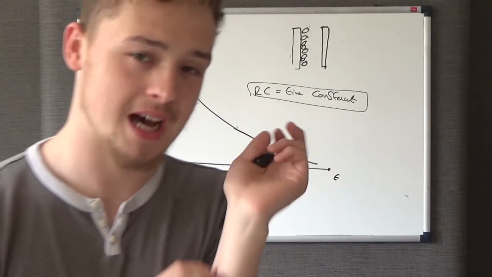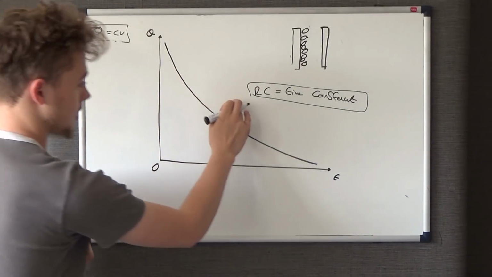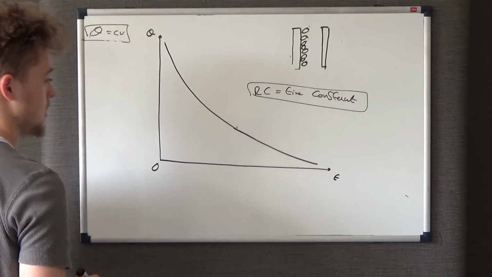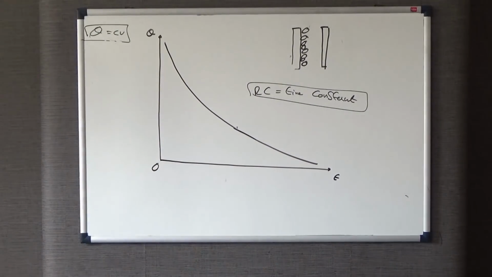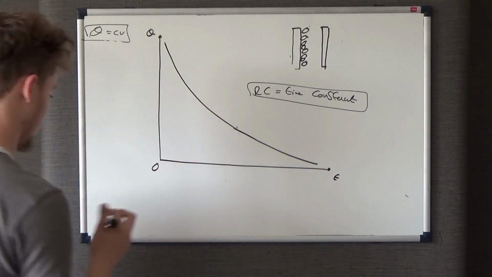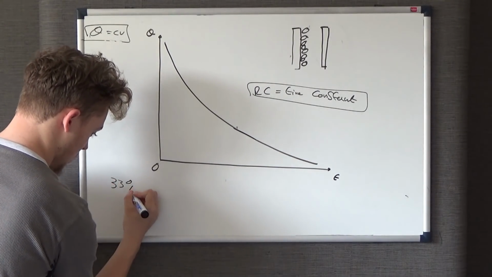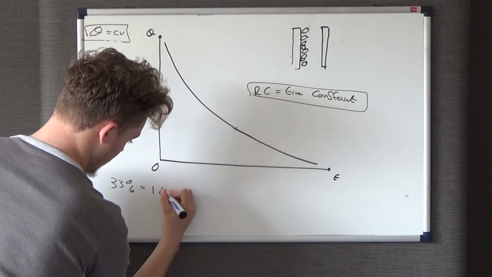What does the time constant actually show us? Because we're looking at the decrease here, this time constant will generally only be associated with the decrease. It's the amount of time that it takes for 33% of the charge to disappear. So when 33% of the charge has disappeared, the time that takes is equal to 1 time constant.